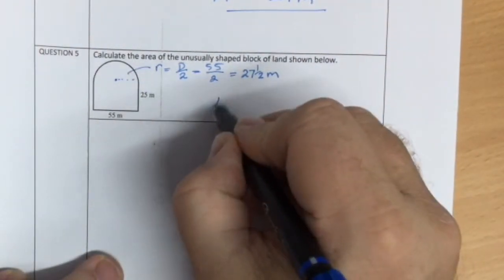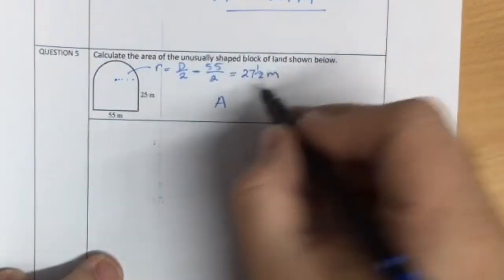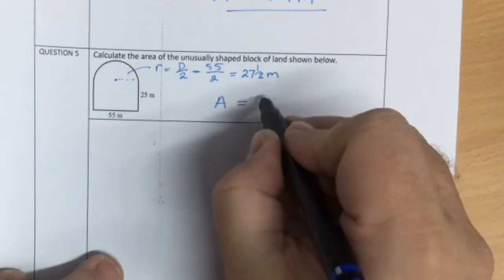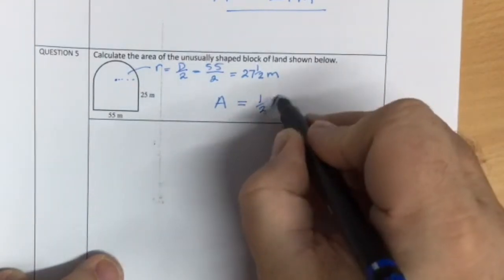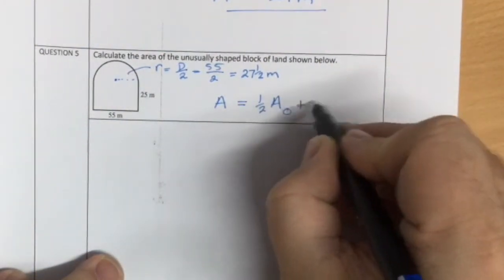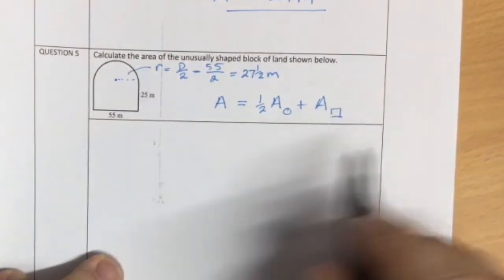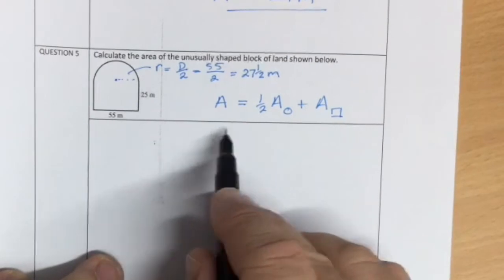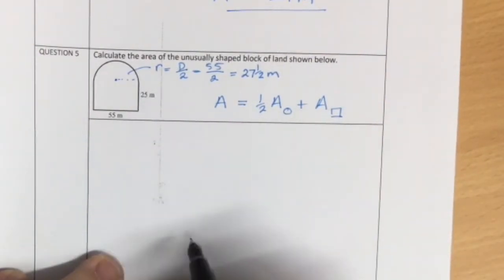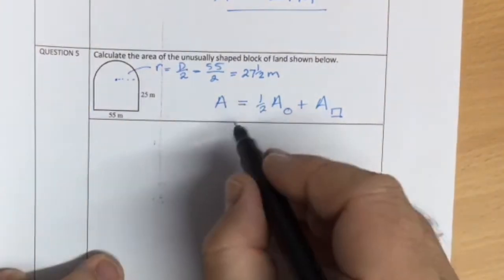So we've got two shapes here. Our area of this unusually shaped block of land is equal to half of the area of a circle plus the area of the rectangle below it. I'm going to do both of these at once, but you could do half the area of a circle first, and then do the full area of the rectangle, and then add those two things together.